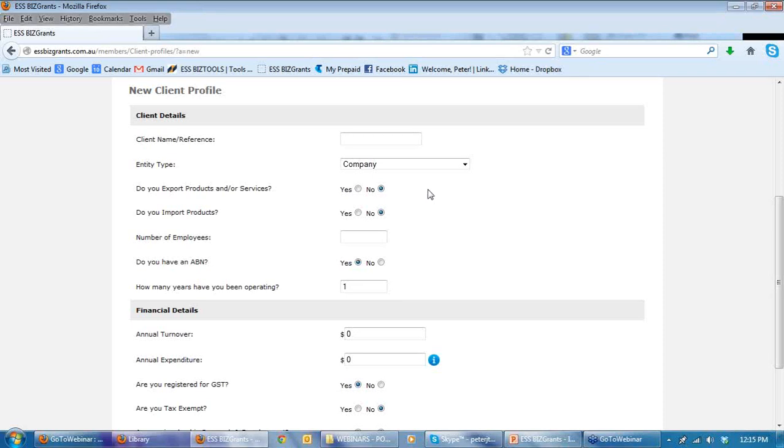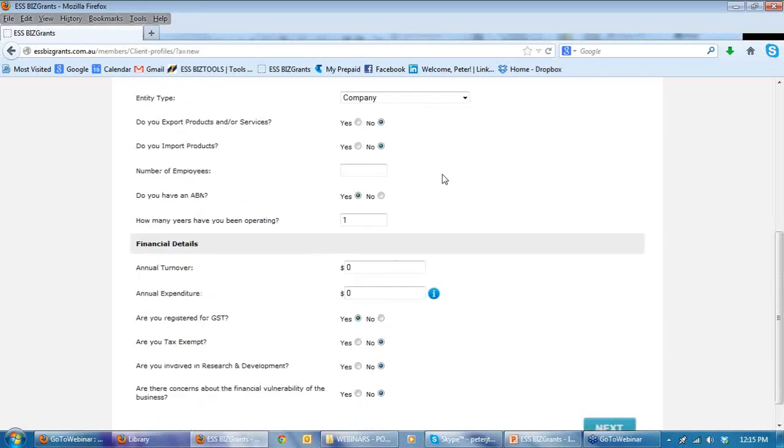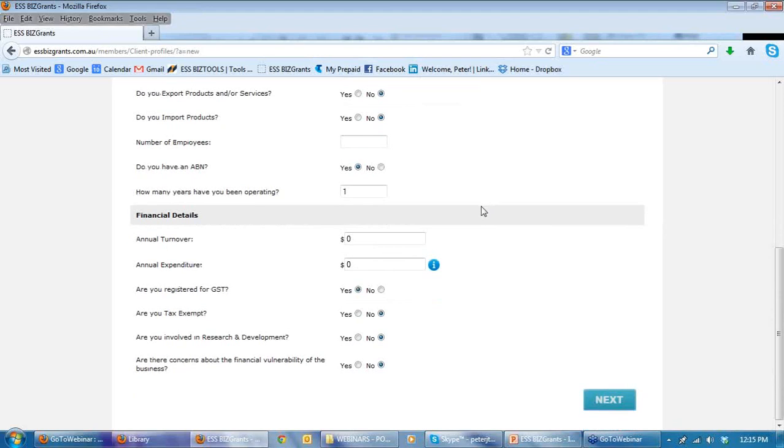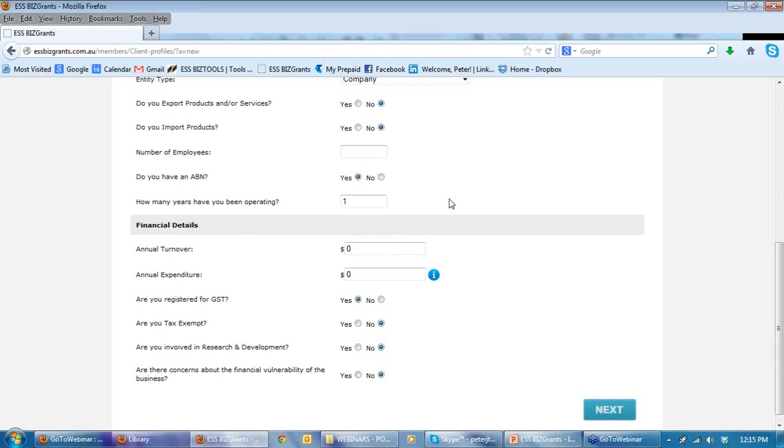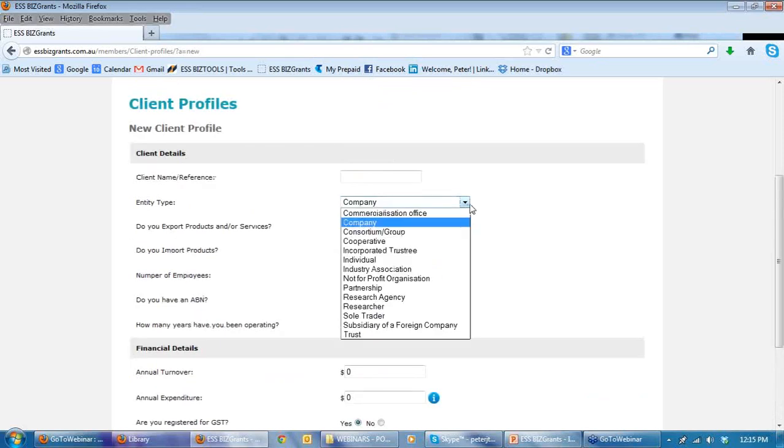So you can see here we're asking questions about exports, imports, employees. Your client will need an ABN to be able to obtain a grant under this system, because this system is only designed for small, medium enterprise operators. And for those sort of people to get government grants, they need a business number. The turnover is important. And incidentally, I've skipped past something there. I meant to show you the choice of entities.